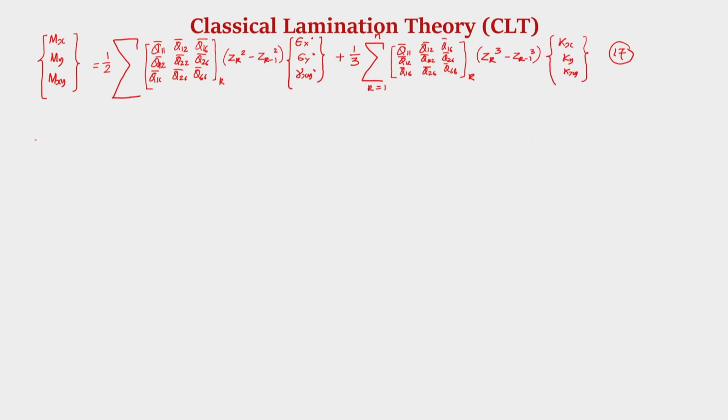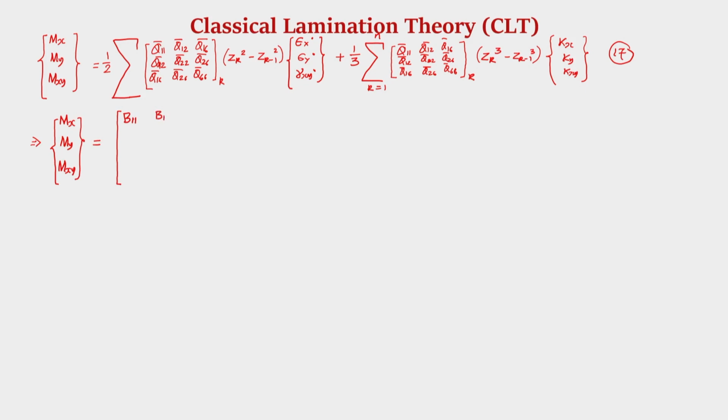So, this could now be written as m x, m y, m x y is equal to, if you remember we have already defined the B matrix.